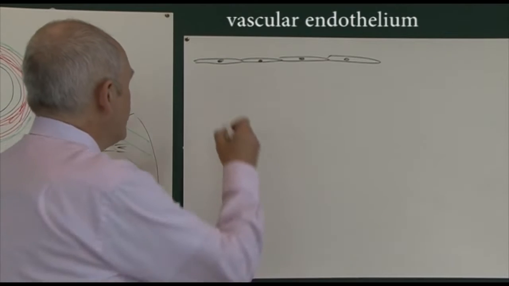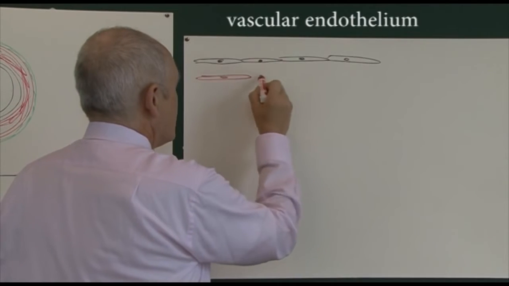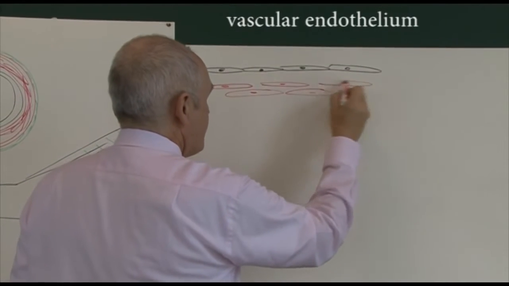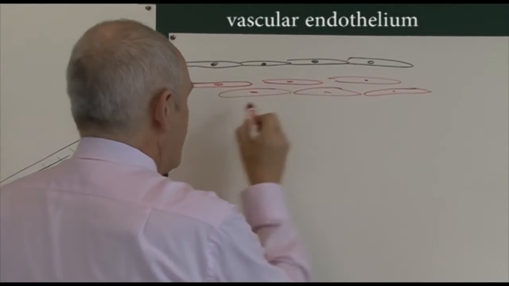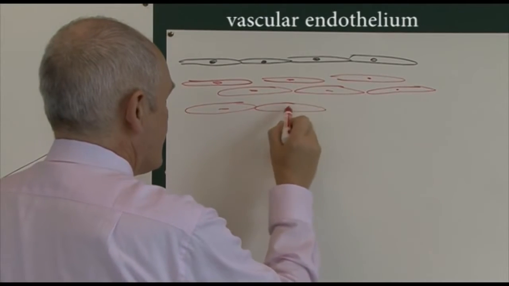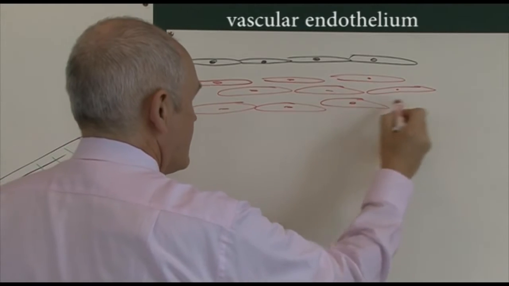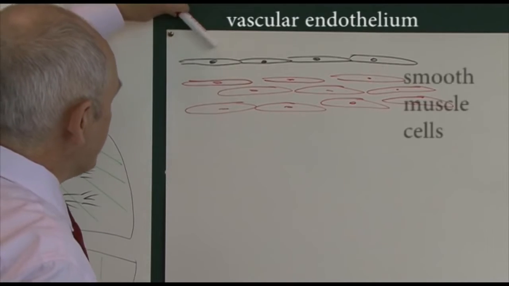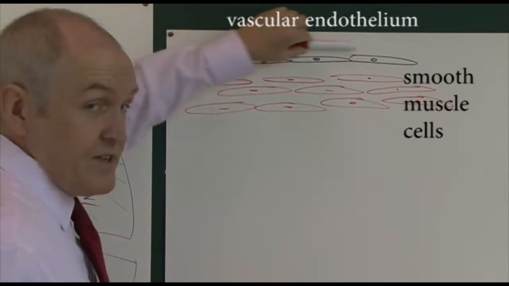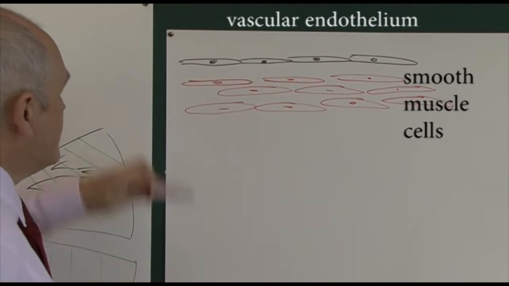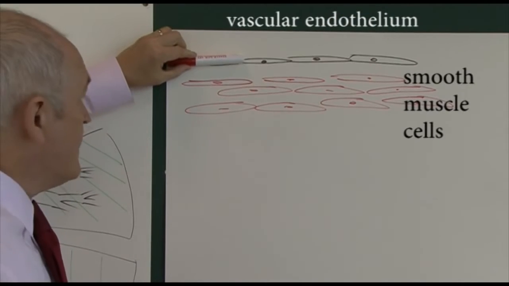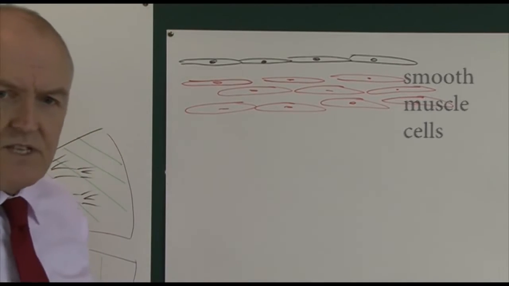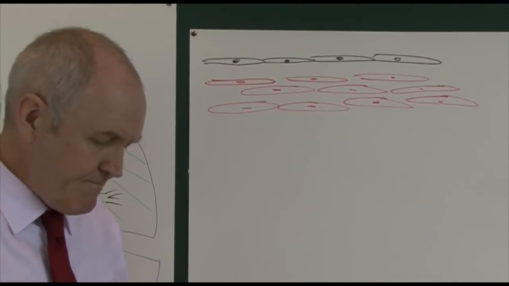And underneath this we've got the smooth muscle cells of the tunica media. So a much larger magnification diagram now. The lumen would be in here. This is where the blood's going through. This is one wall of the arterial vessel. The tunica intima, the tunica media, and there'd be an adventitia on the outside down here somewhere.